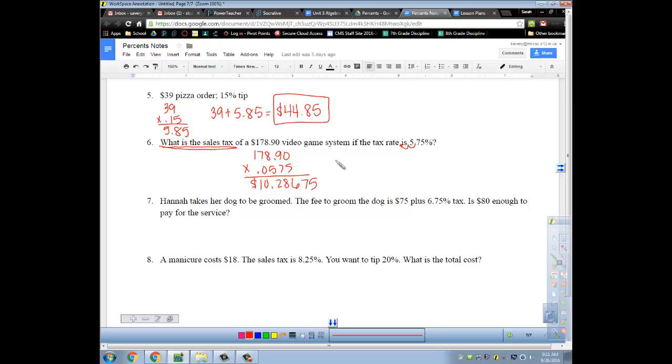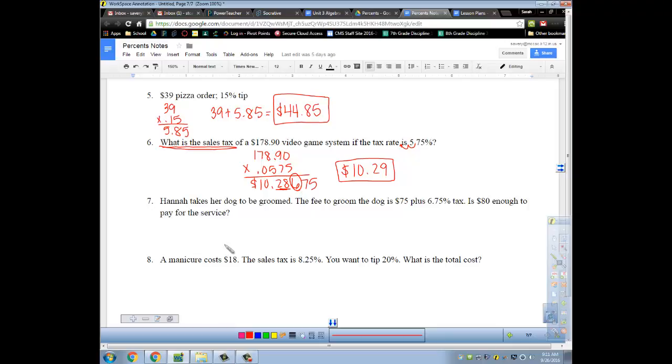So we need to round that to the nearest cent. So the sales tax is going to be about $10.29, because nearest cent is 2 numbers after the decimal, but this 6 makes that 8 round up to a 9. If it was 4 or less, it would stay 28, but since it's bigger than 4, it's going to round up.